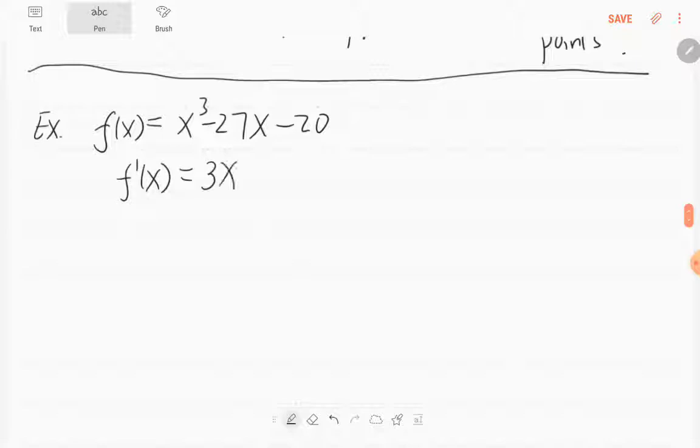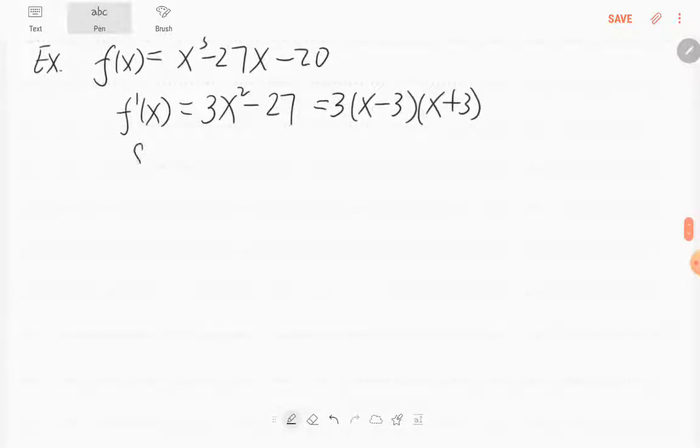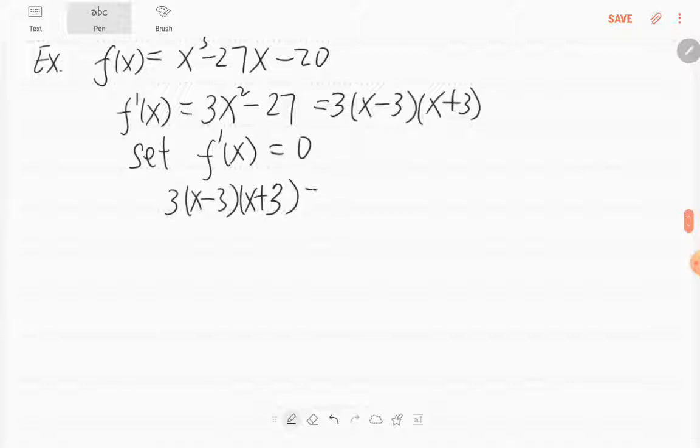So this is 3x squared minus 27. If you factorize it, I just go through quickly because we did this one already. This exists everywhere, so we can only set f prime equal to 0. So you have 3 times x minus 3, x plus 3 equals 0. So you have x equals 3 and x equals negative 3. These are the critical values, right?